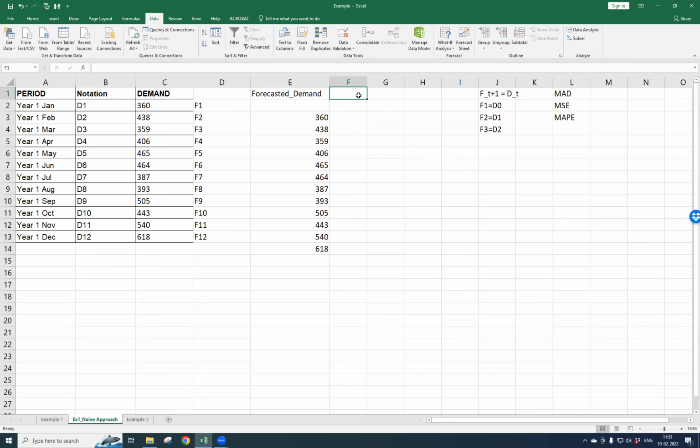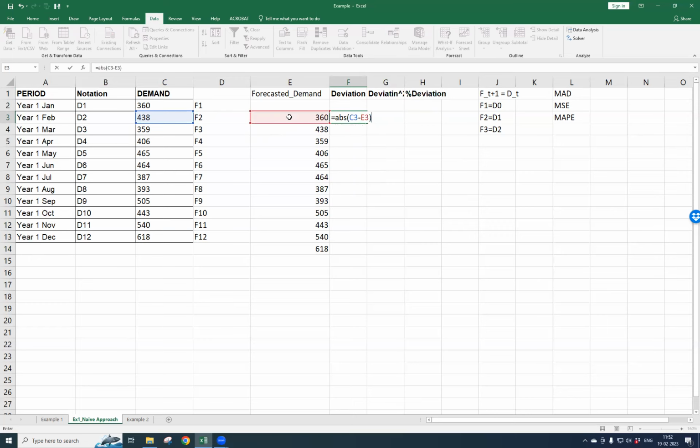Let's calculate that mean absolute deviation. For that, in the class I have created a table with deviation, then squared deviation, and then we have looked at percentage deviation. So this is what we are going to calculate now as well. So deviation is going to be the absolute value of the original demand minus the forecasted demand.